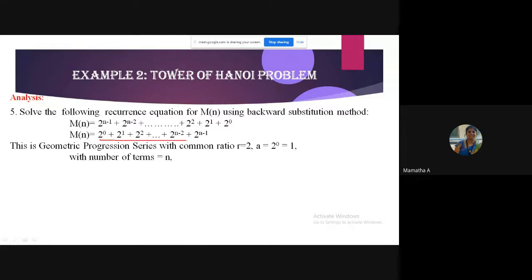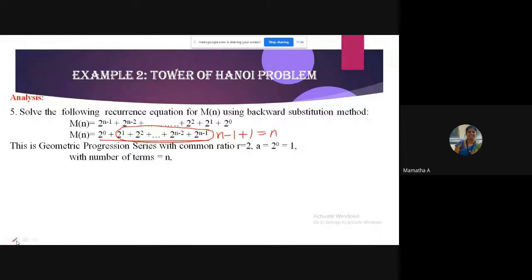N. You can observe 2 power 0 is the first term, then 2 power 1 to n minus 1. So n minus 1 terms plus the first one is another term. So we have totally n terms here.